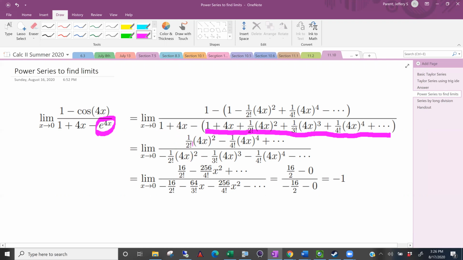Now, if you look at these two terms, there's not much of a difference between these, but that's okay. We're going to look at the limit as x approaches 0. Before you take that limit, there's a common factor of an x squared that can be factored out. So we'll factor out the x squared, that term right there.